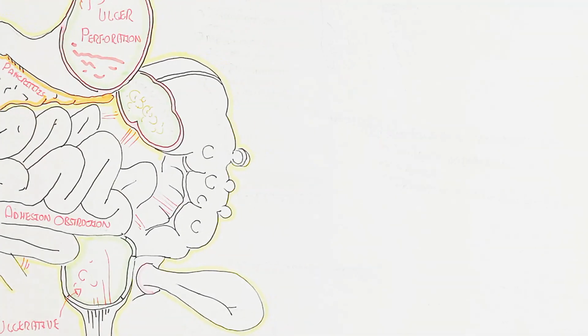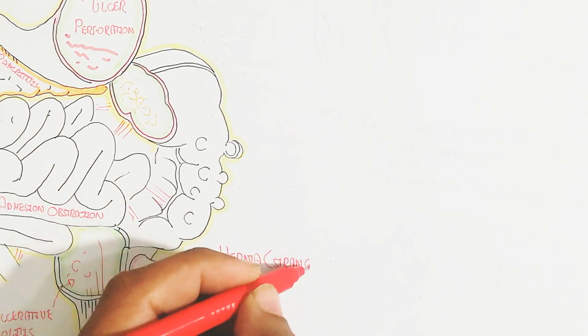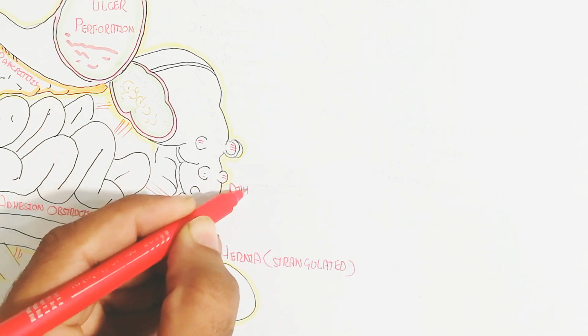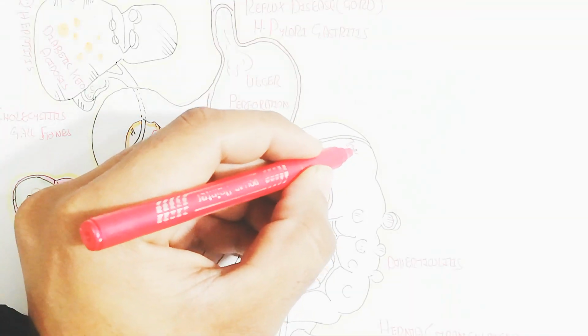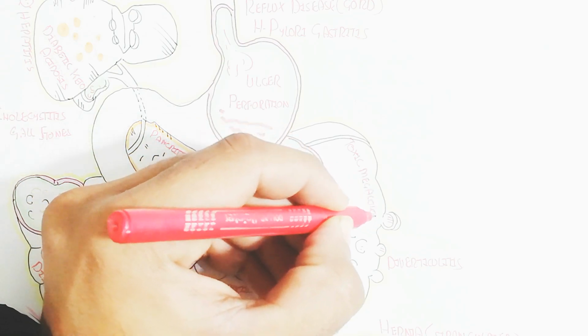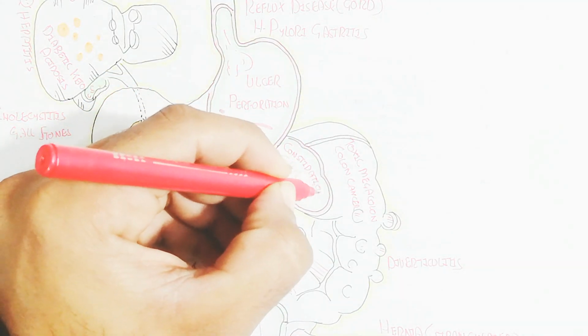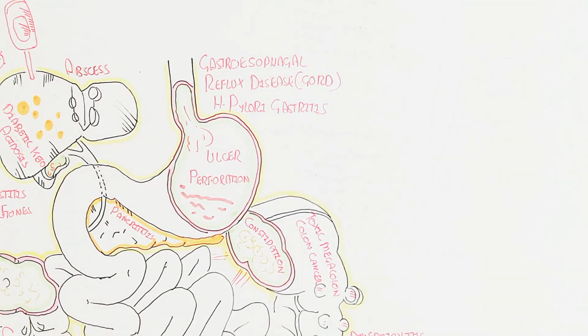Ulcerative colitis will occur in the rectum, and bleeding from the anus will help identify it. Hernia, strangulated, and diverticulitis, as well as toxic megacolon and colon cancer.